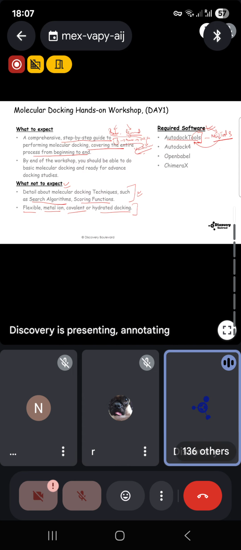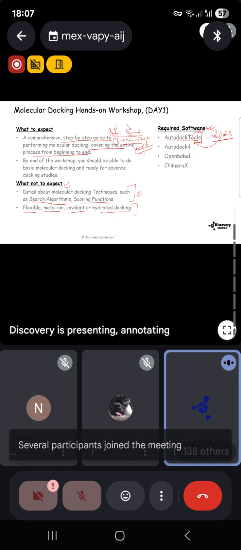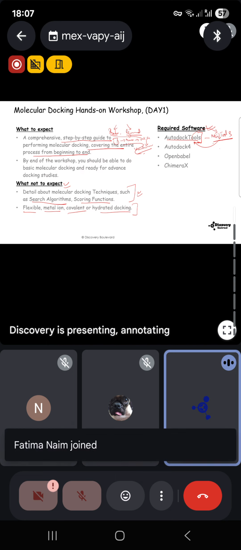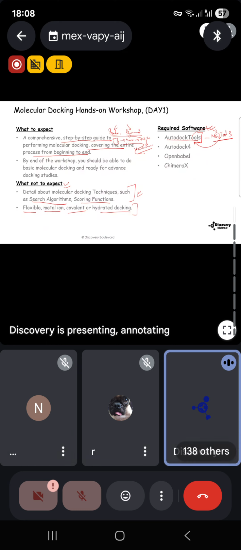Even though it is not compatible with the new systems, it is still important because most of the papers in molecular docking are based on AutoDock Vina and AutoDock 4. We have given the number of publications using different software, and we have also explained that in the video.